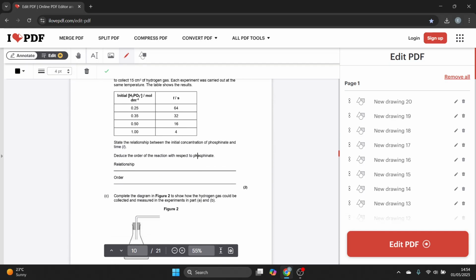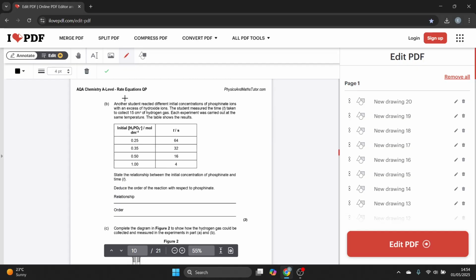State the relationship between initial concentration of phosphonate and time. What does it mean by that? I can see this is doubling: 4 times 2 is 16. You're doubling that as that decreases.